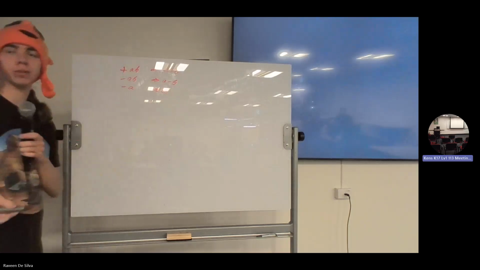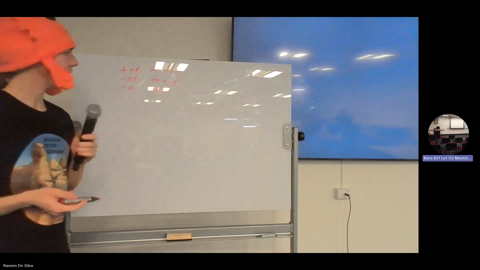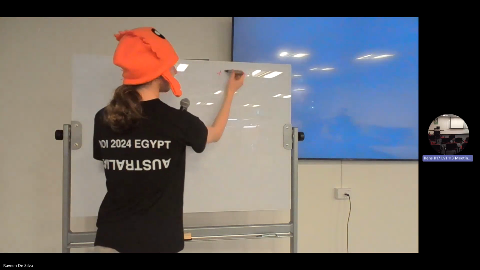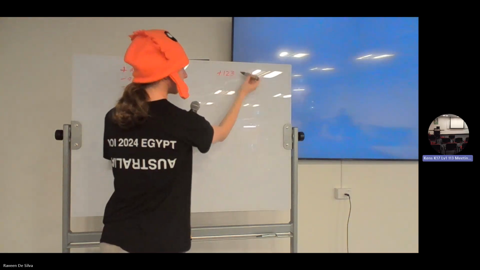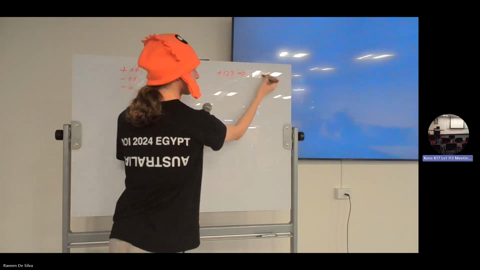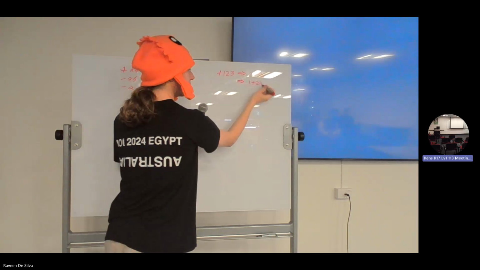The problem is the expression that we're given doesn't contain any spaces, so we have a bunch of ambiguous cases, like plus 1, 2, 3 could become either 12 plus 3, or it could become 1 plus 23.